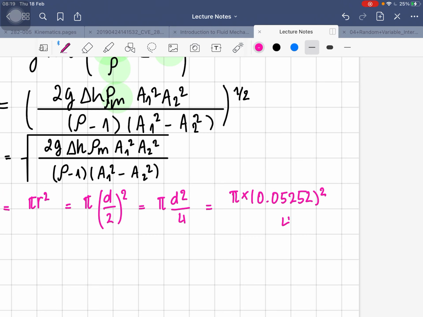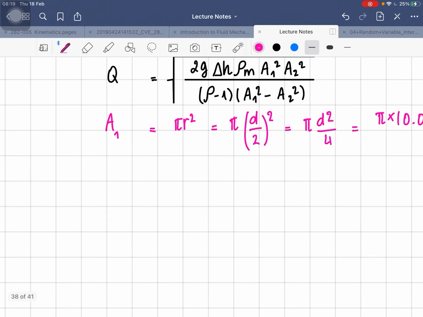And A2 is the same thing, pi d square over 4, which is pi multiplied by 0.03504 square over 4.